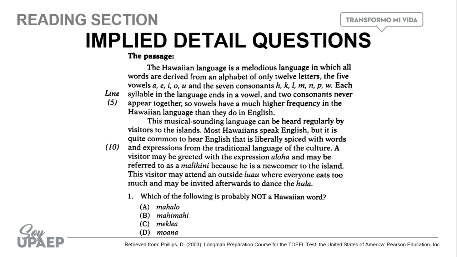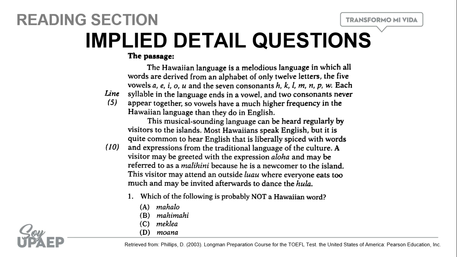Do you remember we have to identify keywords in our question. For example, in this case, our keyword is Hawaiian, okay? And if you notice, in the first line, we have the word Hawaiian as well. Remember, you will have to get all the keywords or clues in order to draw a conclusion about the answer.